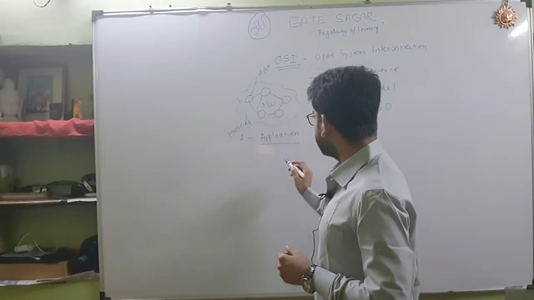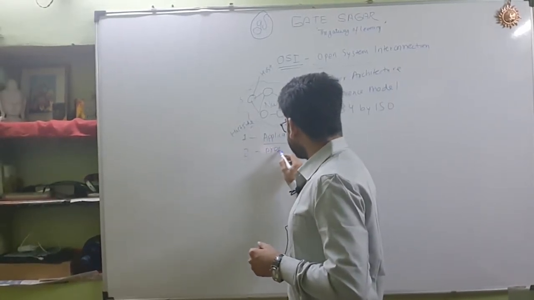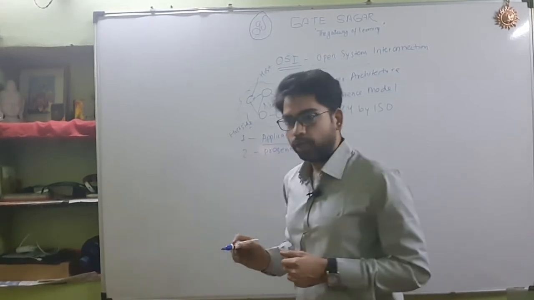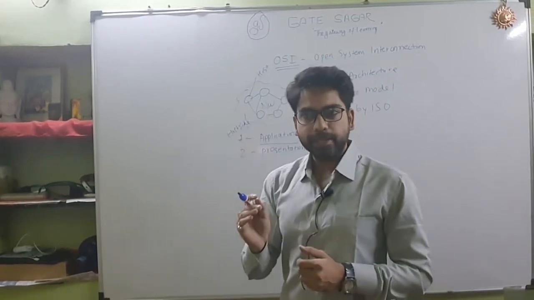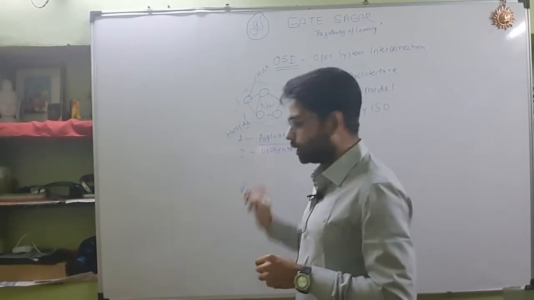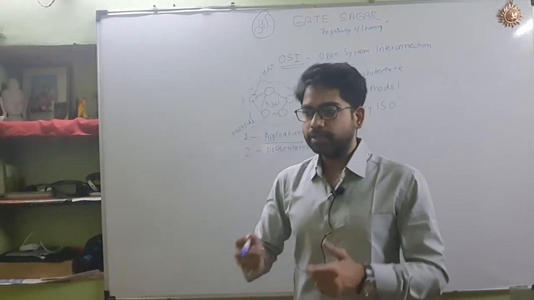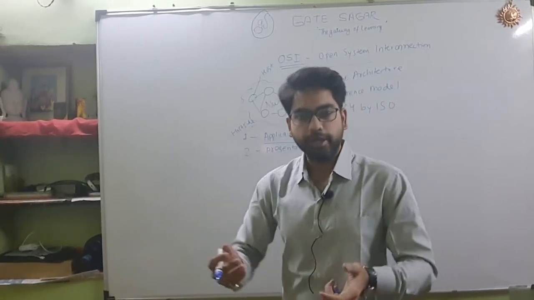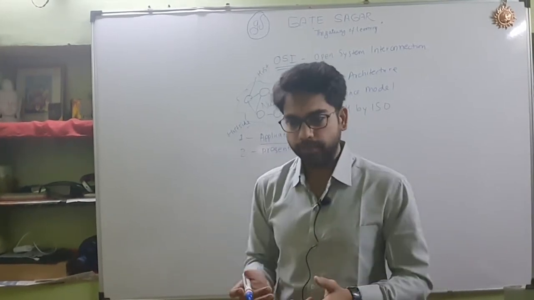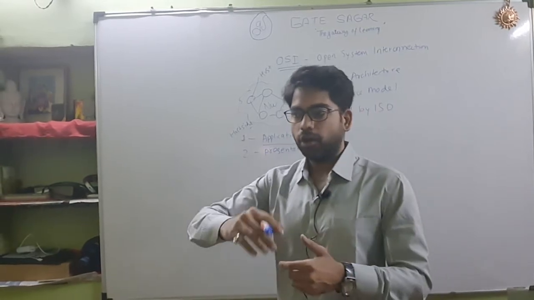After the application layer, the second layer is the presentation layer. The application layer provides you the GUI, and then the presentation layer comes into existence. The presentation layer formats your data, means in what form you want to send the data. This will decide the translation of the message.